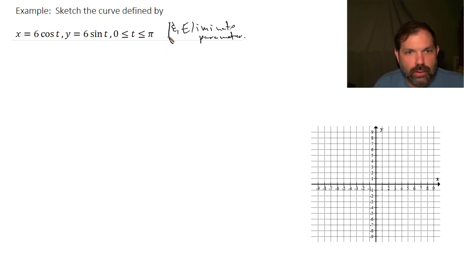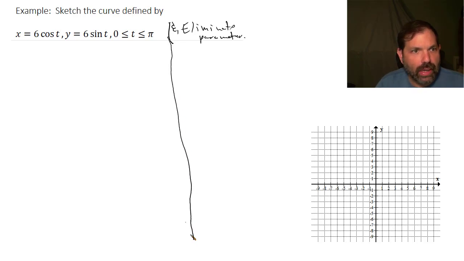All right, so let's take a look at this exercise. We have x is equal to 6 cosine t, y is equal to 6 sine t, t from 0 to pi. So I'm not going to use integers. I'm not going to use 0, 1, 2, and 3. I'm going to use some nice angles, the special angles, to help me figure this one out.